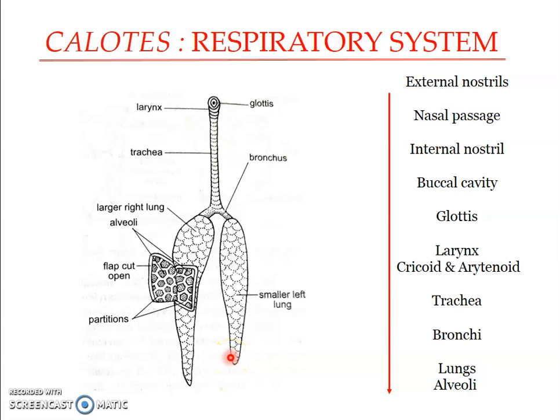Now the respiratory mechanism, how the respiration is brought about. Just like in humans, which you have learned in detail in your lower classes, the whole process of respiration can be divided into inhalation and exhalation. In Calotes, the pleural and the peritoneal cavities communicate, and the respiratory movements are performed by the intercostal muscles attached to the ribs.